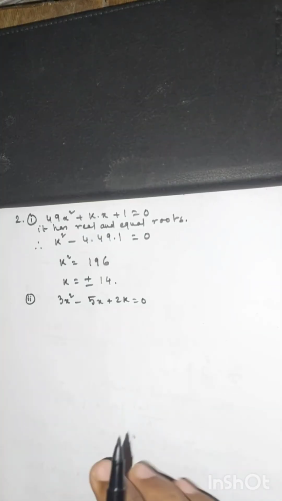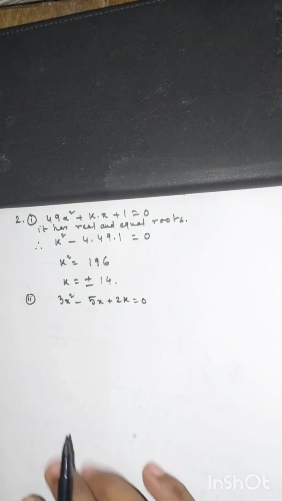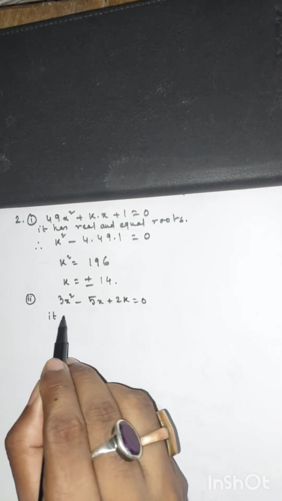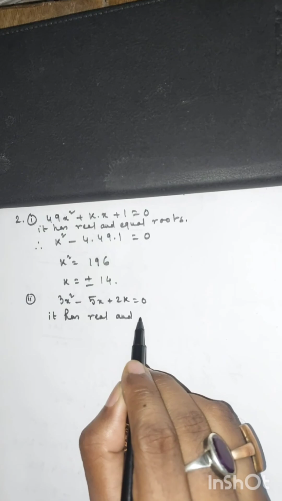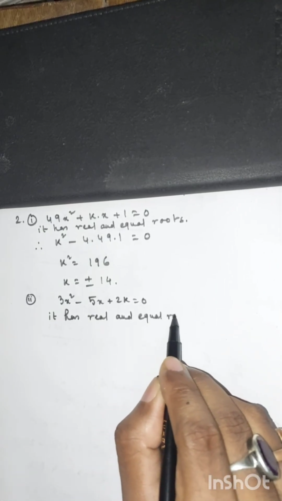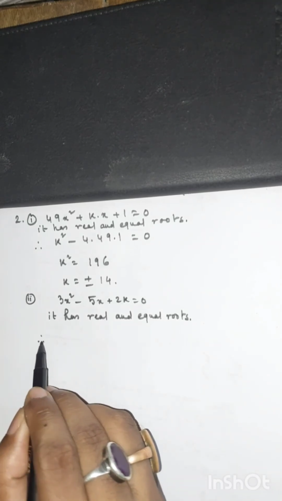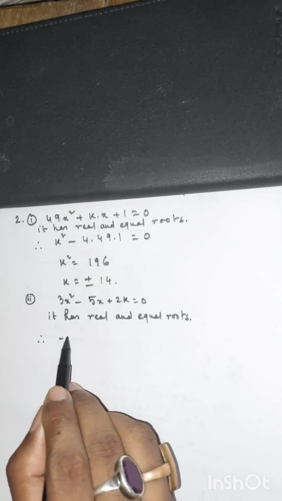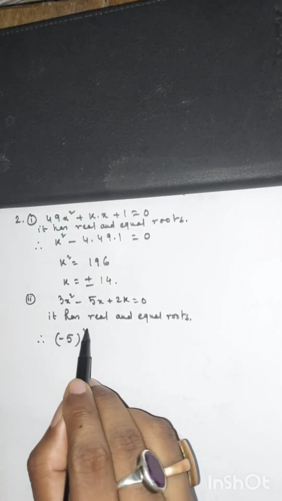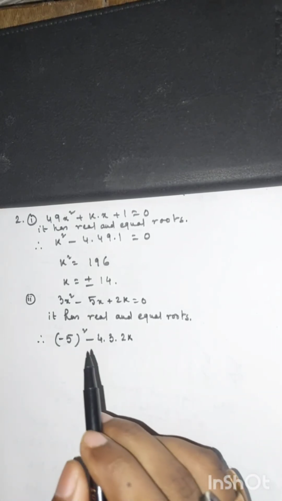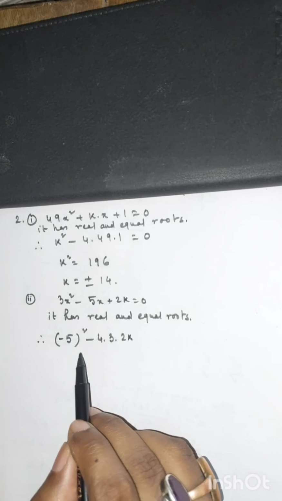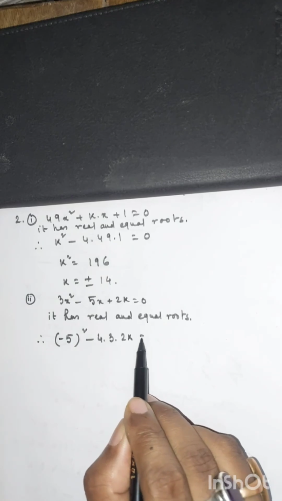Now friends, let us do Roman 2 of 2. Therefore the discriminant part, that is b square minus 4ac, this part is equal to 0.